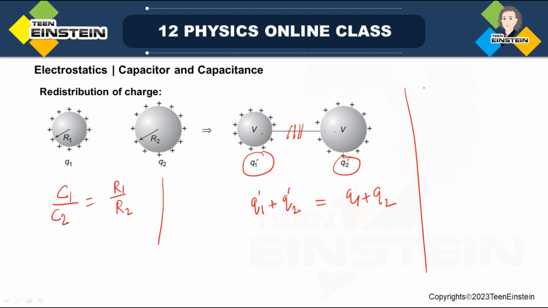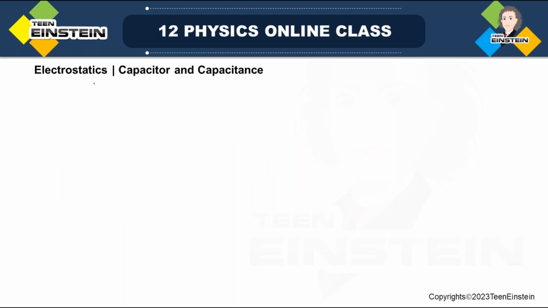Actually, the common potential will be given by total charge, or I'll write Q total, divided by total capacitance.